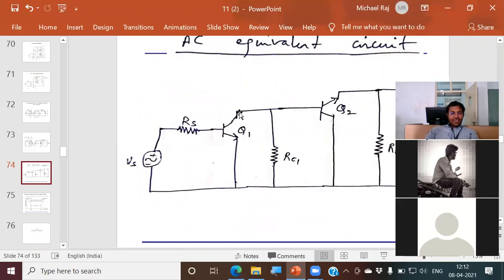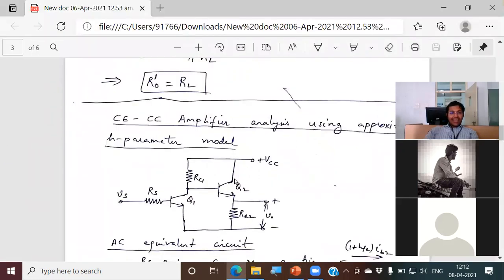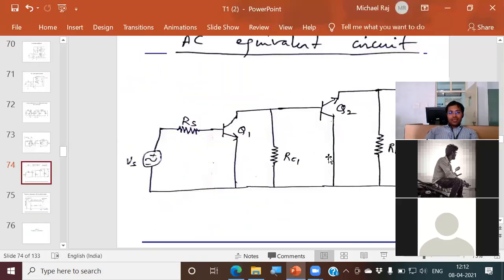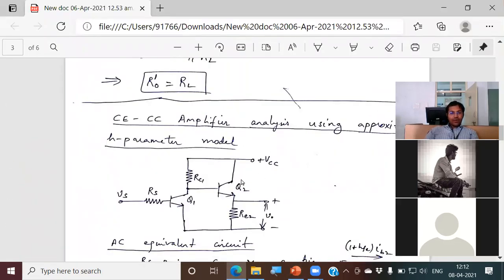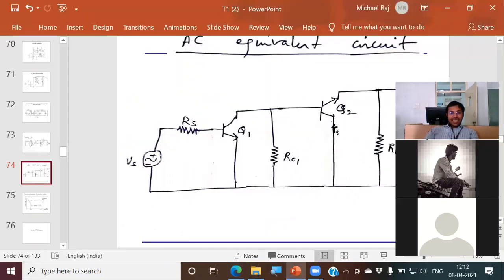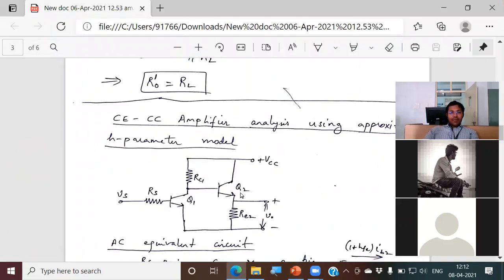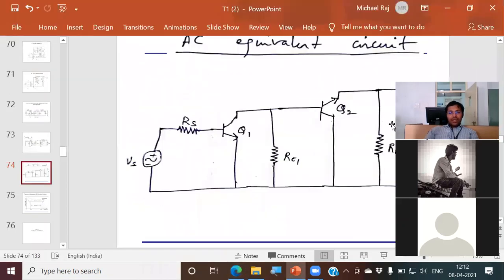Next, the collector of the second transistor is connected to ground, very good. The collector is this one, no arrow; the arrow is on the emitter. So the collector is connected to ground. At the emitter, we have RE2.